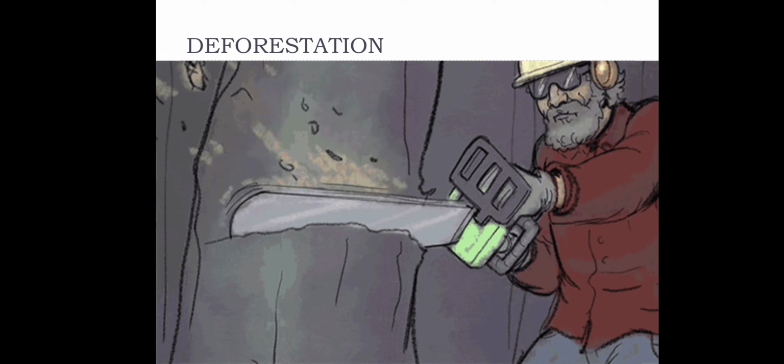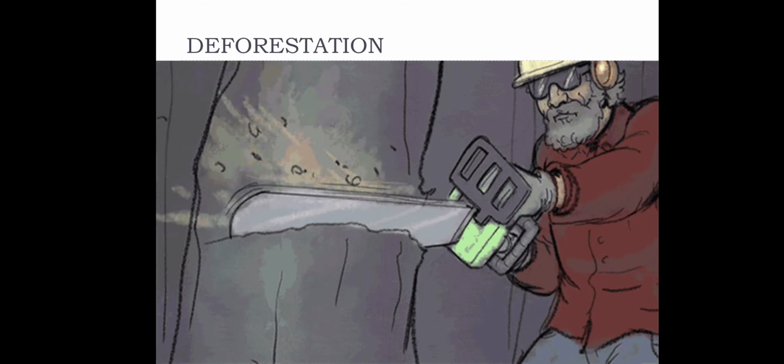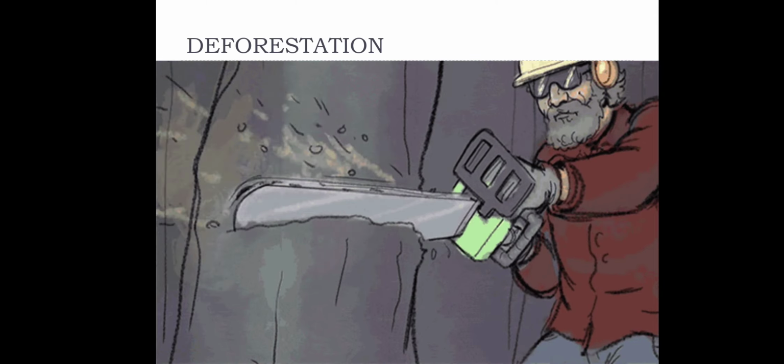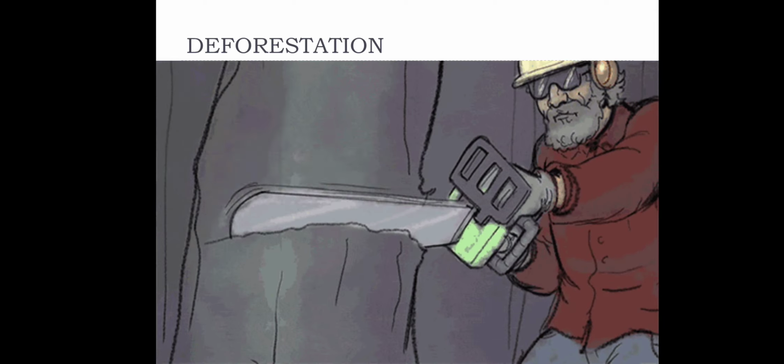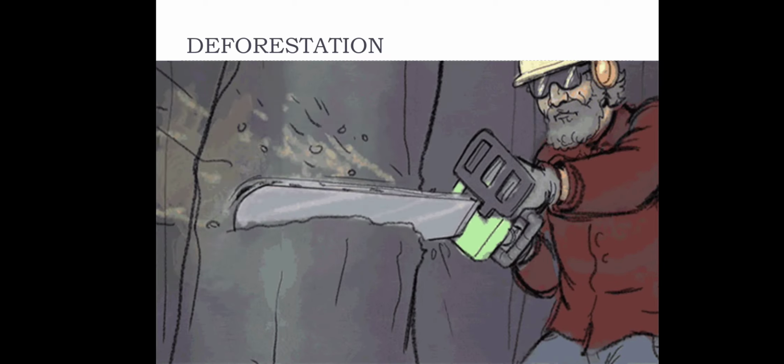Aside from these, trees release oxygen, which our body takes in as we inhale, and absorb carbon dioxide. When forests are destroyed, there will be less oxygen and more carbon dioxide in the air. Carbon dioxide will further increase the temperature of the environment.